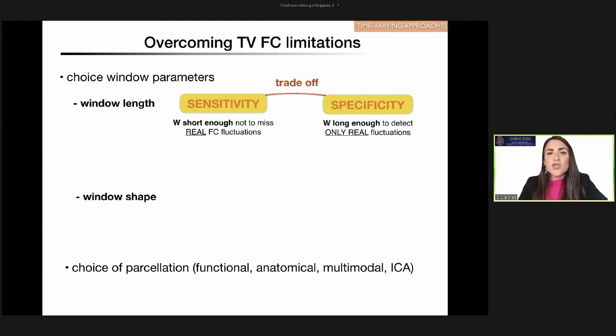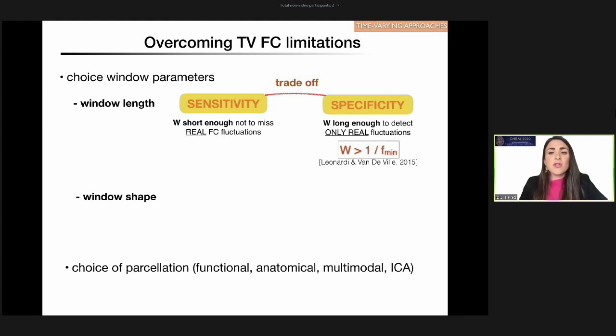Why? Because it was shown that spurious fluctuations can also be included due to the window we process. And a rule of thumb in order to avoid that is to keep our window always longer than 1 over the minimum frequency present in the data.